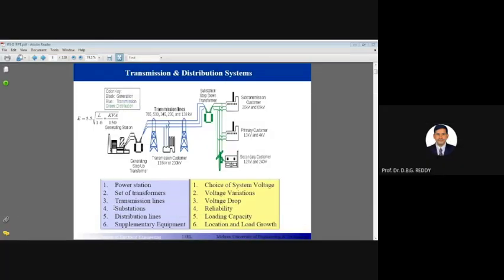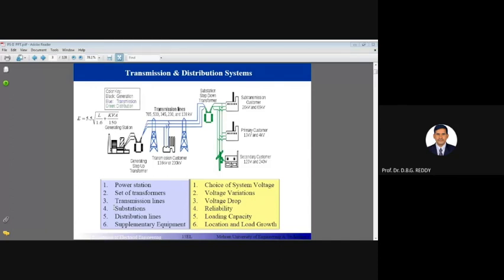Now, the transmission and distribution system. You can see the generating station line diagram: power station, step-up transformer, transmission line, substation, distribution line, supplementary equipment.